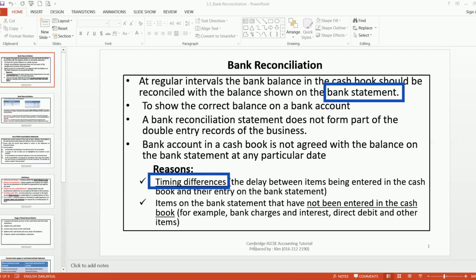That means whether the business has made a payment, when the payment was made, and when the transaction took place. Then there are items on the bank statement that have not been entered in the cash book. Sometimes the bank will charge us bank charges, or give us interest. Sometimes there is a direct debit. All these types of transactions, we will not know until we receive the bank statement from the bank.